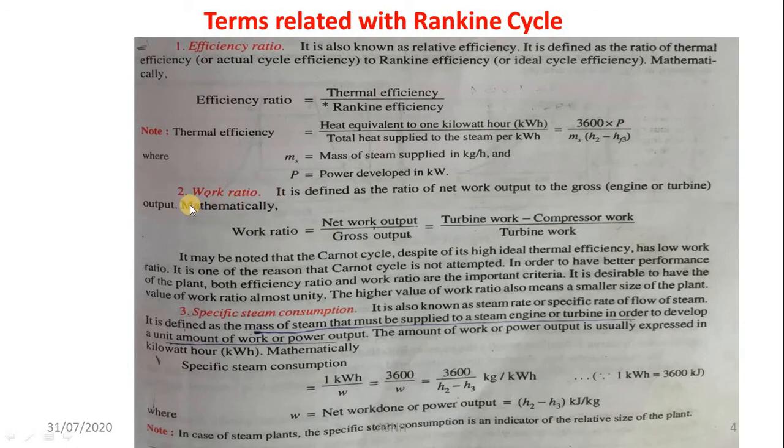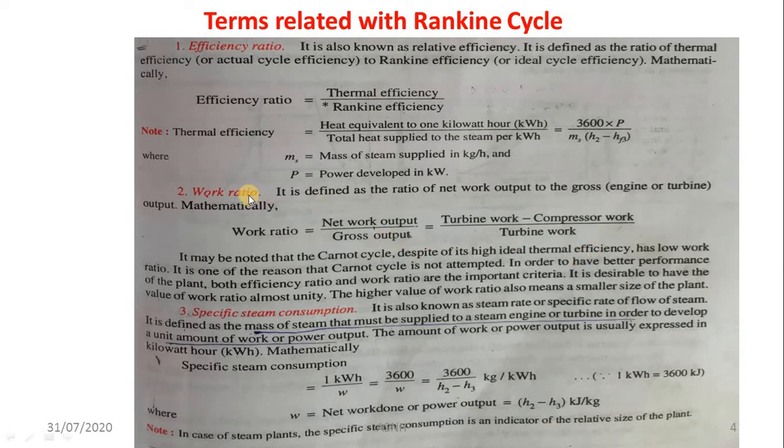The second important term is the work ratio. The work ratio is defined as the ratio of net work output to the gross output, and the net work output is the turbine work minus the compressor work, and the gross output is given by the turbine work.